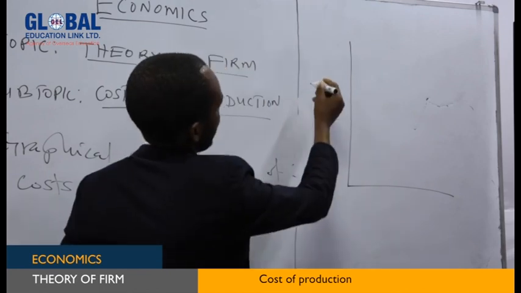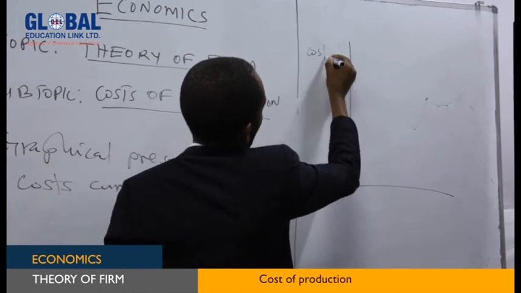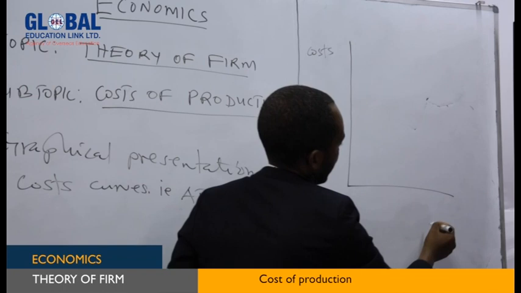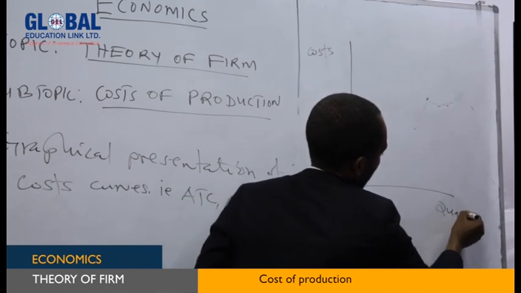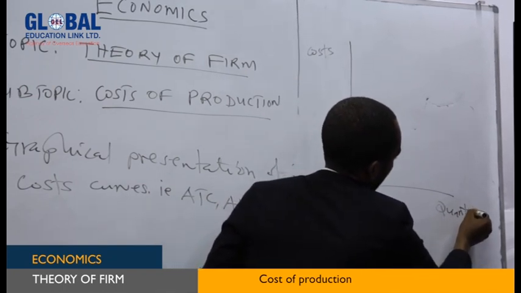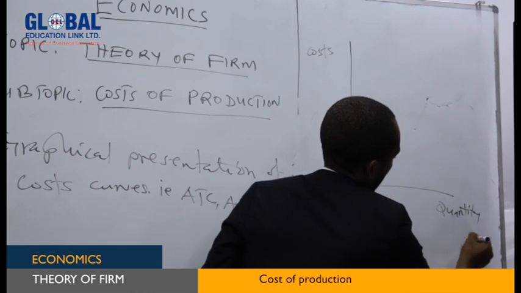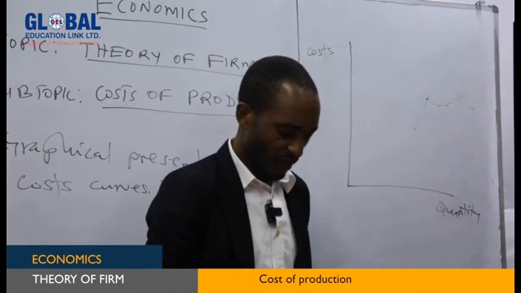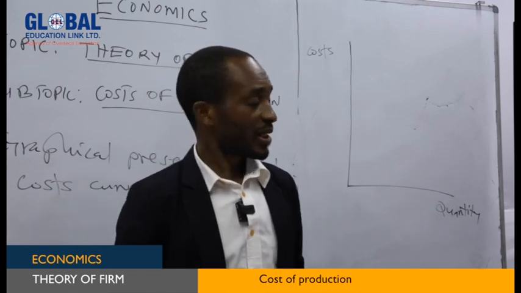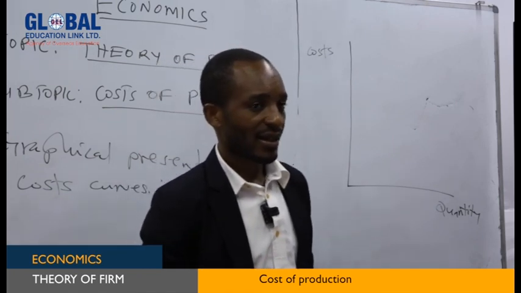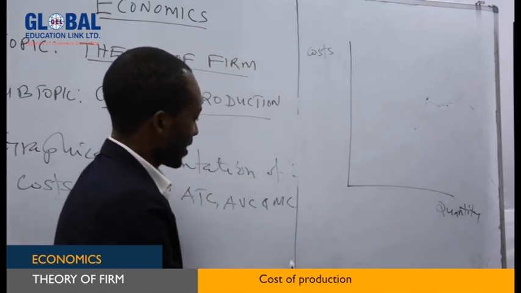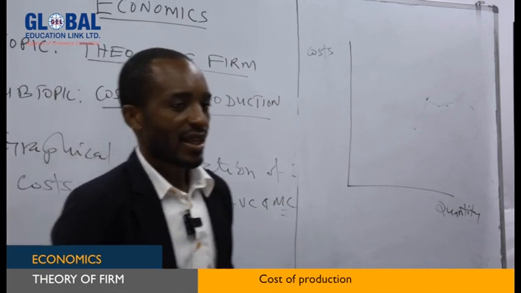So on the vertical axis you put the costs and on the horizontal axis you put quantity produced. Let us start with the marginal cost.